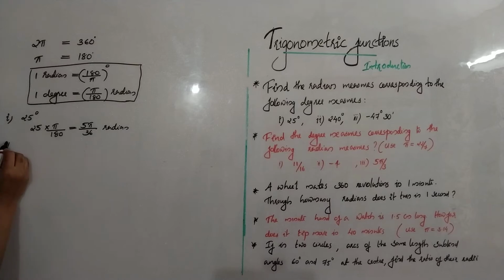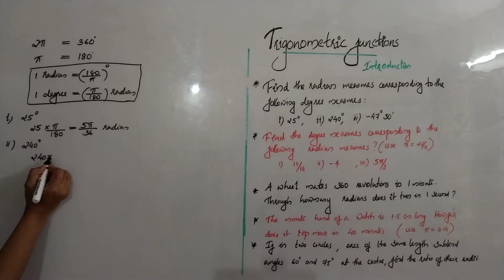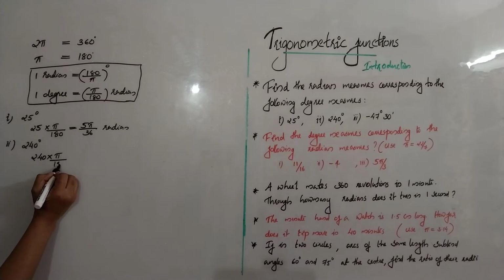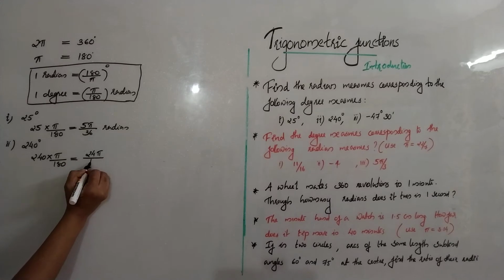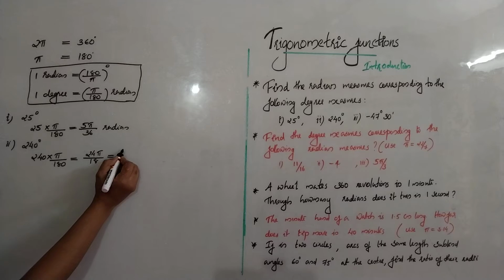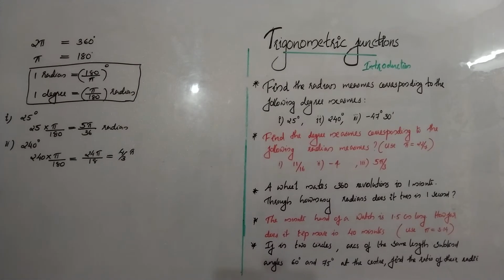Now the second one is 240 degree. That is 240 into pi by 180, which is equal to 24 pi by 18, which is equal to 4 by 3 pi radian.